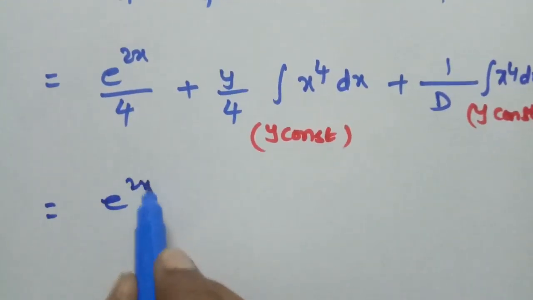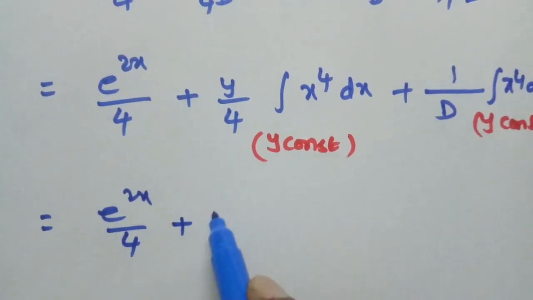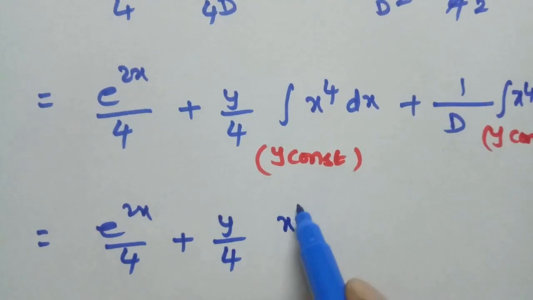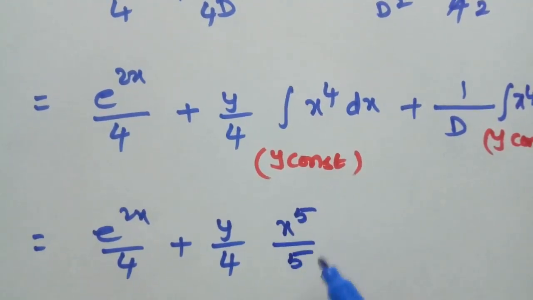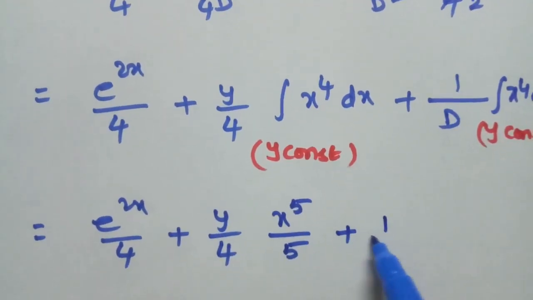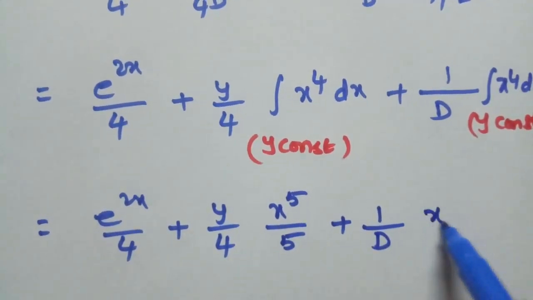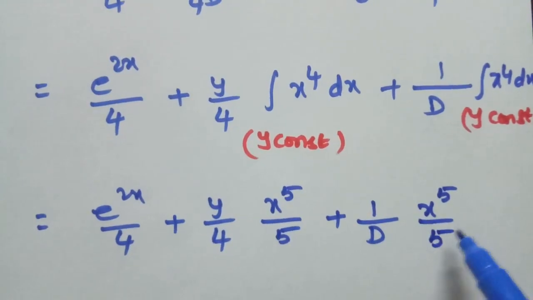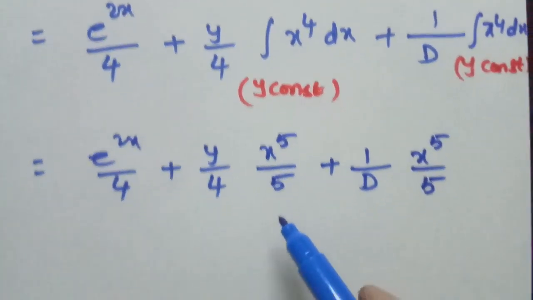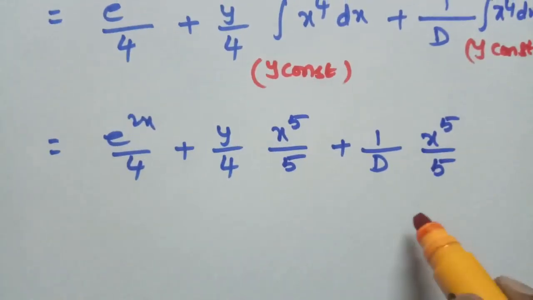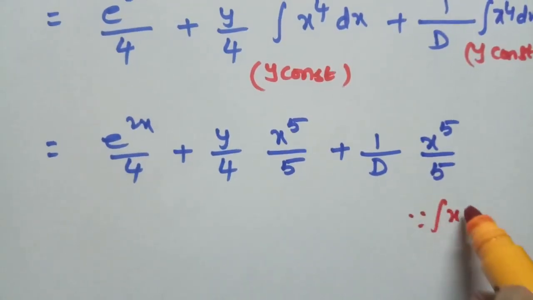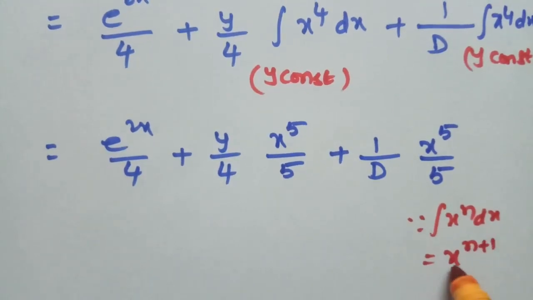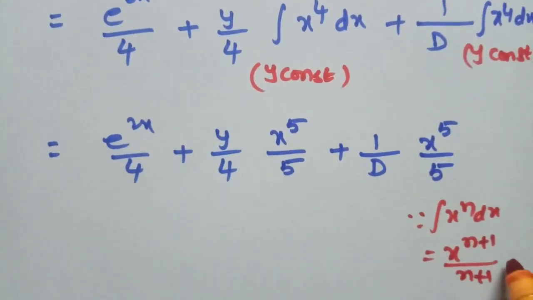Therefore this is equal to e power 2x by 4 plus y by 4 into x power 4 integration, x power 5 by 5, plus 1 by D into x power 4 integration, x power 5 by 5. So we are using the formula here: integration of x power n dx is equal to x power n plus 1 by n plus 1.